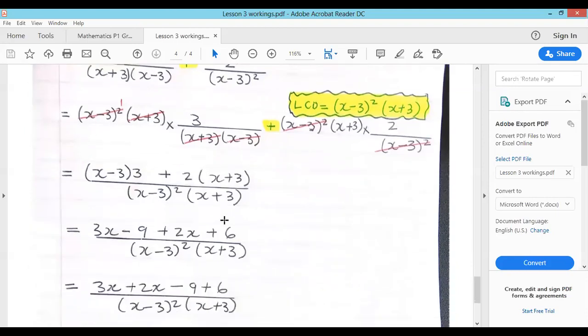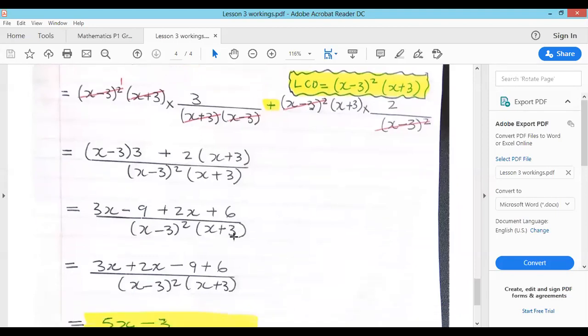Therefore, you are left with (x minus 3) times 3 plus your second term, the 2, times your (x plus 3). Then you just remove your brackets. x multiplied by 3, you get 3x. Negative 3 times 3, you get negative 9. 2 times x, you get 2x. 2 times 3, you get 6.